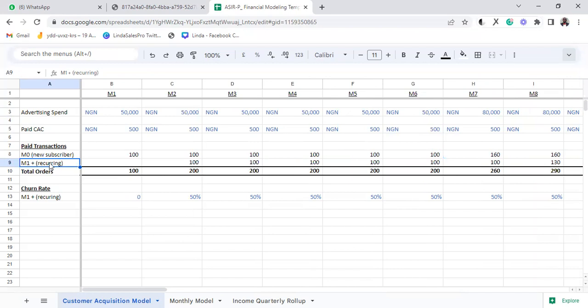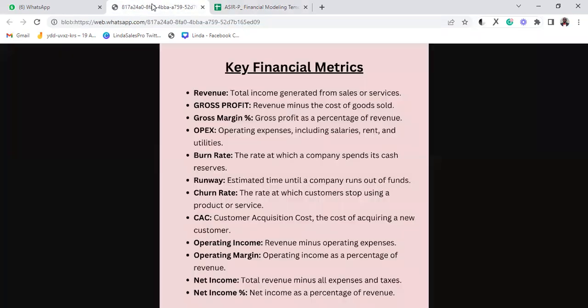Now, the next thing we have here is the M1 plus recurring. What it simply means is it's a reflection of your churn rates. Your churn rate, as we mentioned, is the rate at which customers stop using your products or service.